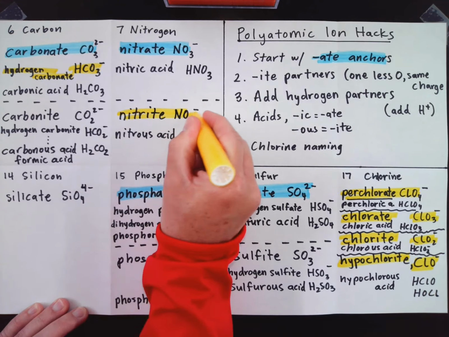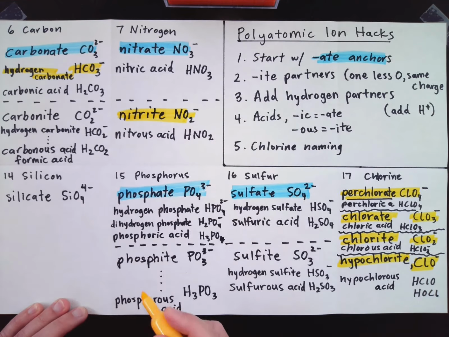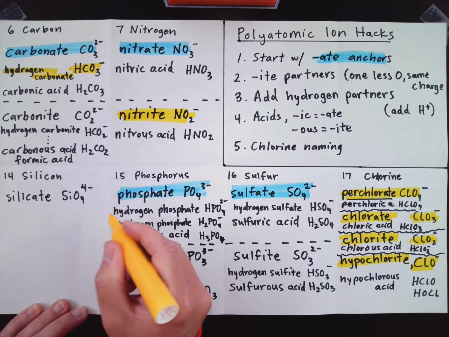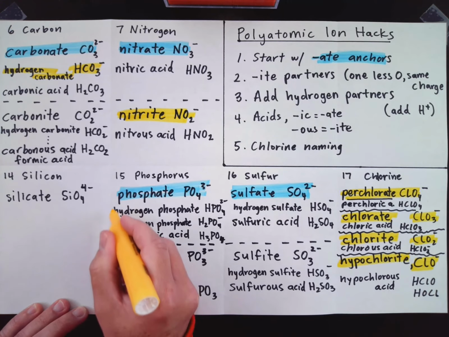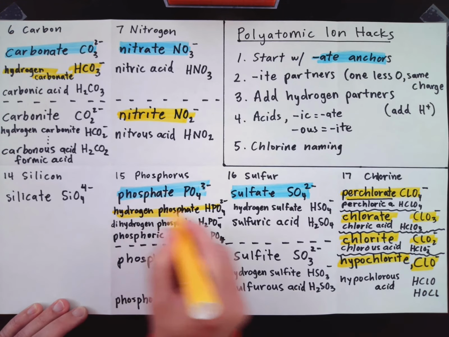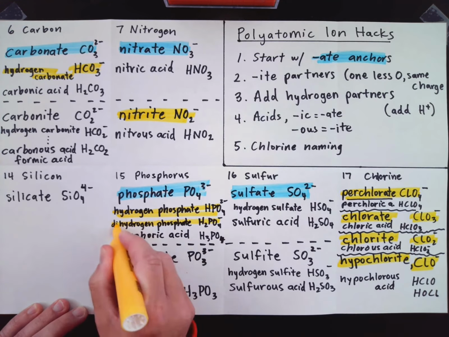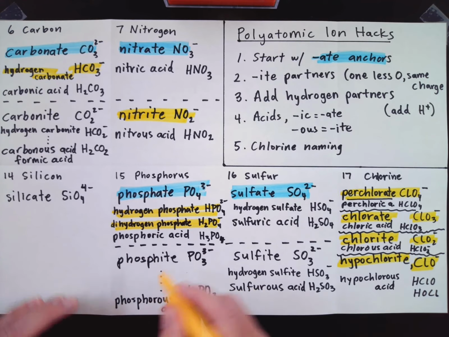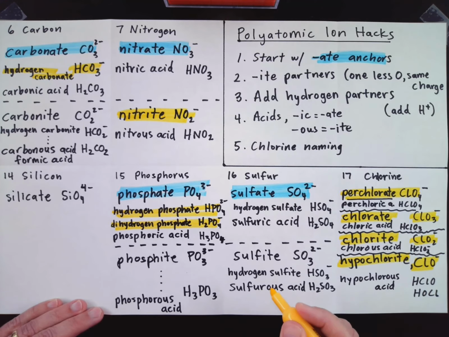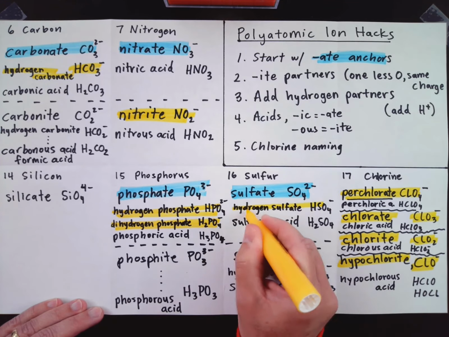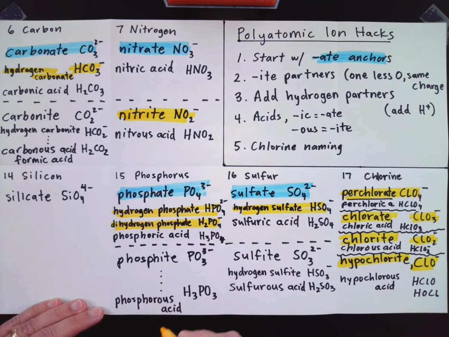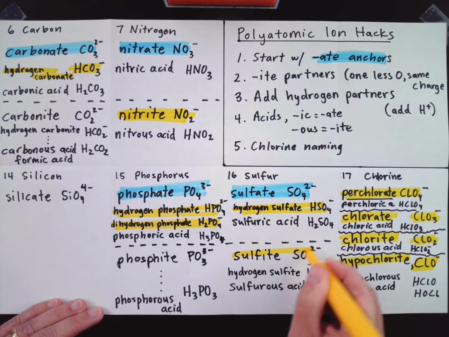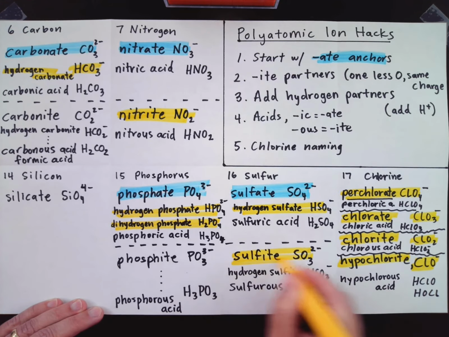Nitrite for sure. A lot of common ion lists will list your hydrogen partners to phosphate. Phosphite, not so common. This one will be in a lot of common lists. Sulfite will be in a lot of common lists. And possibly hydrogen sulfite.